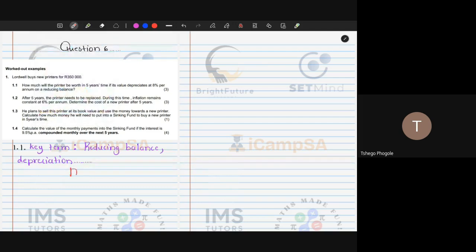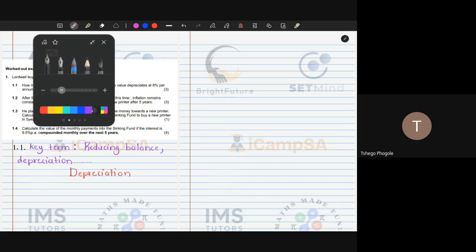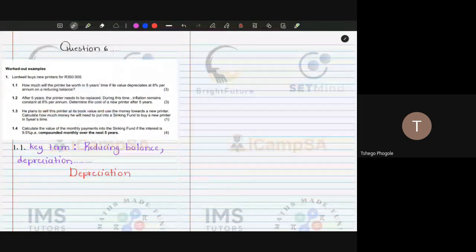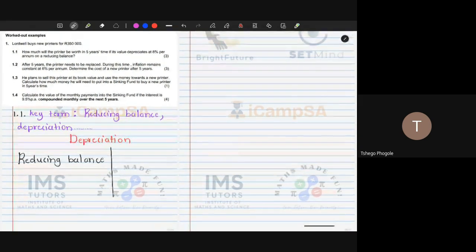We covered this weeks ago, but I'll just remind you. Whenever we're dealing with depreciation, we are dealing with two types: you have one, which is a reducing balance, and you have another, which is a straight line depreciation.